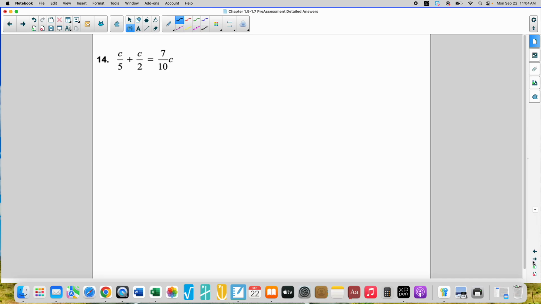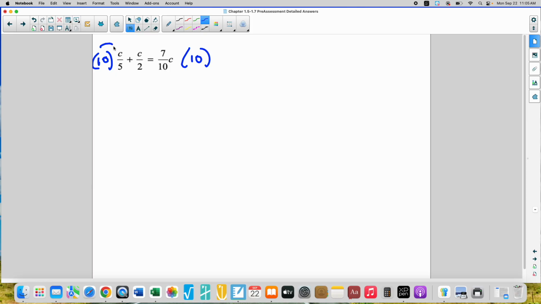Oh, this is an interesting one. So let's get rid of that number for the time being. This is good. Now we can find a common denominator, but the more efficient thing is to get rid of all the denominators. So our denominators are 5, 2, and 10. And the common denominator would be 10.